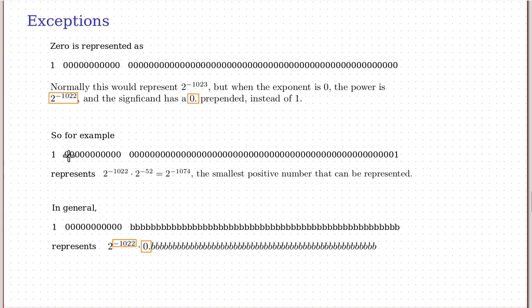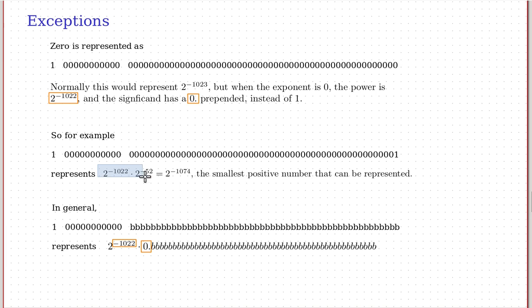Because the exponent bits are all 0, we're in this exceptional situation, and the power would be negative 1022 instead of negative 1023. And furthermore, because we prepend a 0 point to the significand bits, this number would simply represent 2 to the negative 52. Right? Not 1 plus 2 to the negative 52, but just 2 to the negative 52.